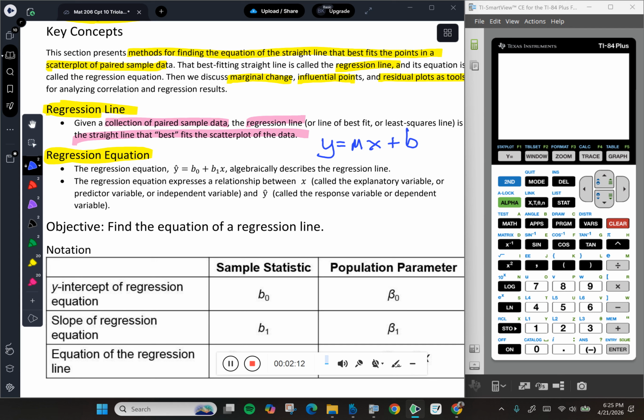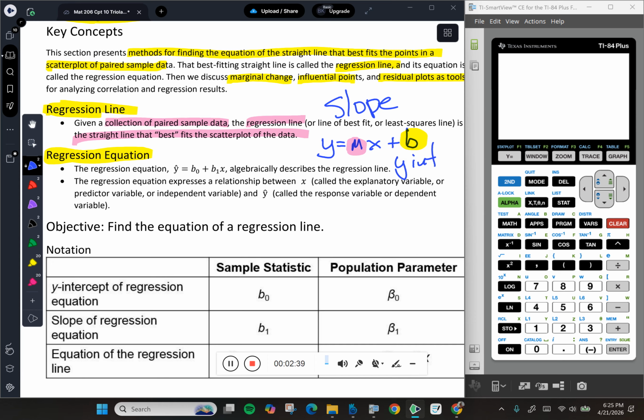And you were taught that m here, that stands for the slope of the line, and that the b here, that stands for the y-intercept. Right? And you use that probably dozens, if not hundreds of times throughout your algebra sequences.